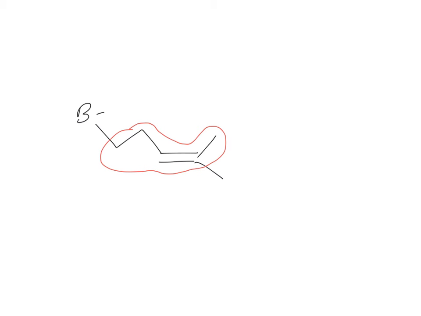Now we've got to decide which way we want to name it. We want to name it from right to left or left to right. So we want to have the lowest number possible for the functional group. So let's name it from right to left. So then it'd be 1, 2, 3, 4, 5. So it's pentene, right? But we've got to say where the double bond is at. Where does the pi bond start? So we need to put a 2 in front, to say the pi bond starts at carbon 2 and goes to 3.